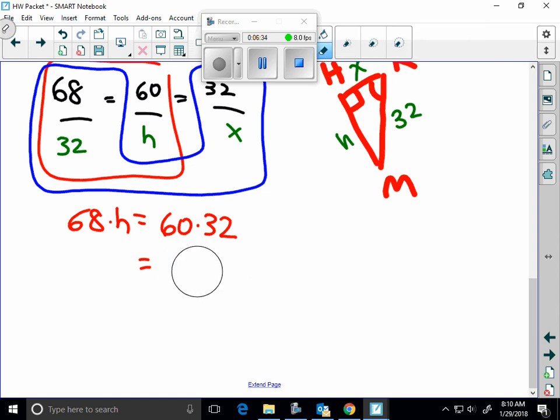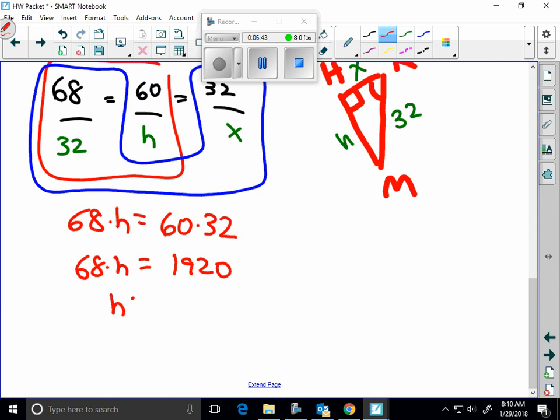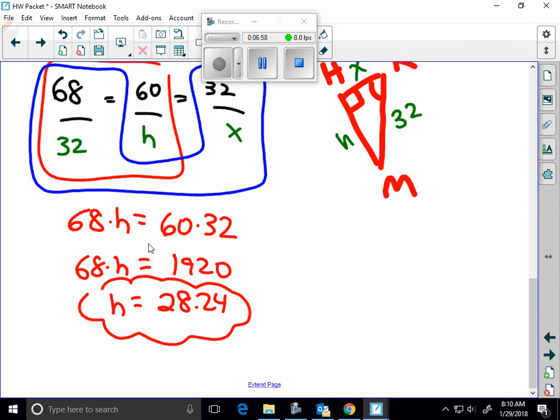Okay. 1920. 1920 is 68h. Could you divide that by 68, please? 28.24 exactly, or does it repeat? Okay, we'll stop there. That's good. Thank you.